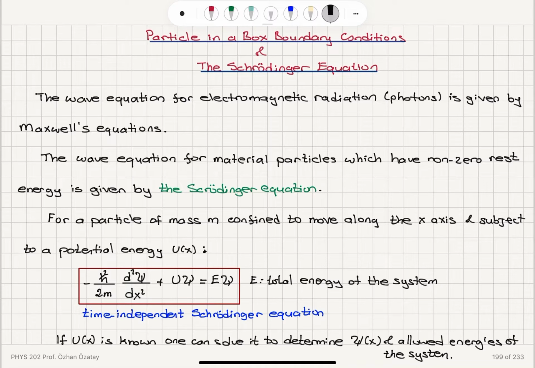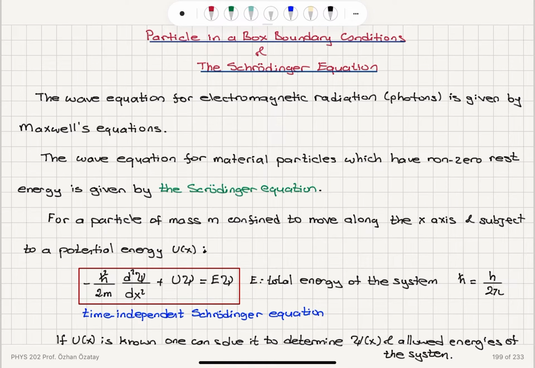H bar is Planck's constant h divided by 2 pi. And this is basically the kinetic energy term here. It's the time-independent Schrödinger equation.